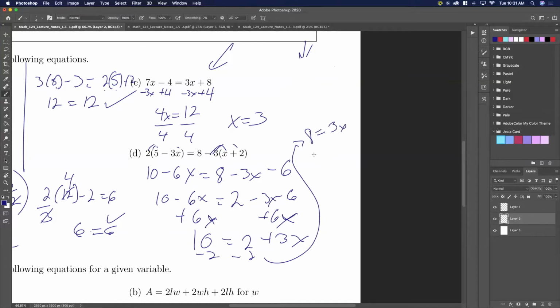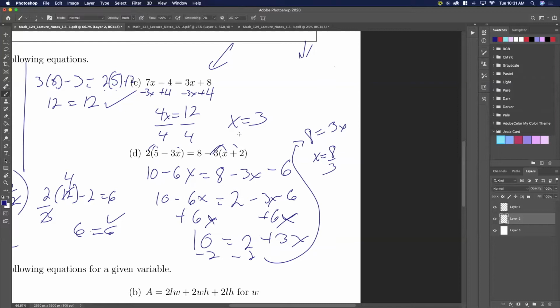And so here x equals 8 thirds, when I divide it out. Okay, and so here we get x equals 8 thirds, and then we'll just check it in.